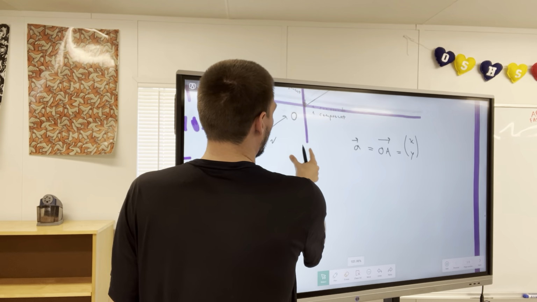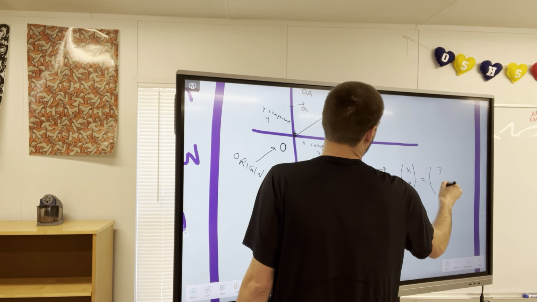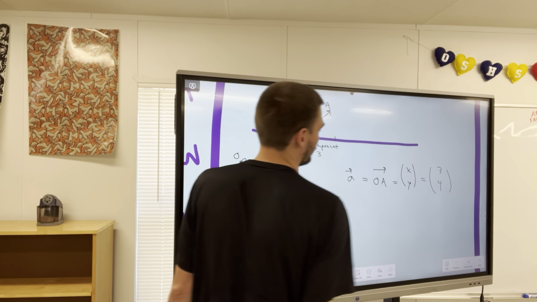So if we're in X and Y notation, let's say I'm just gonna pick these and say that this X component is 3 and this Y component is 4. So let's put this as 3, 4.